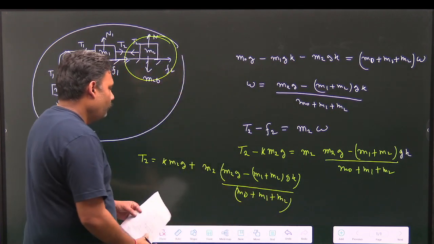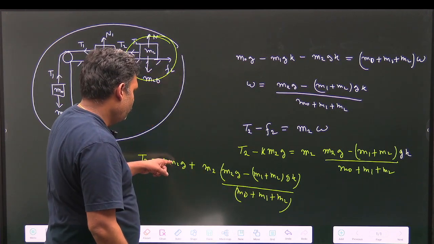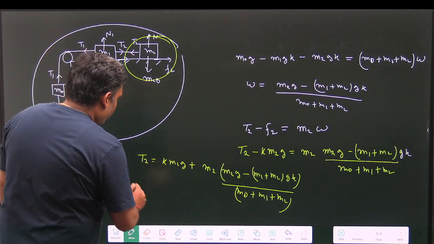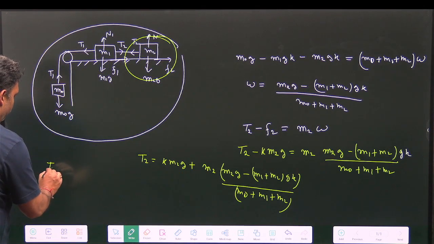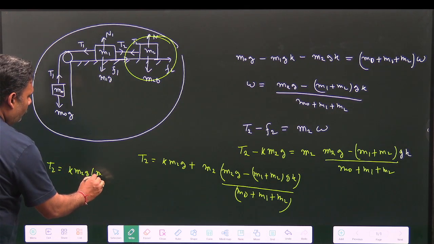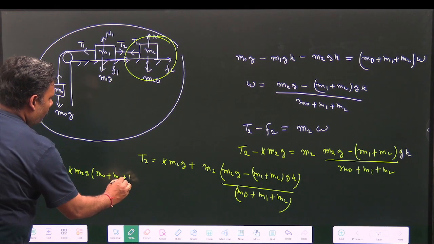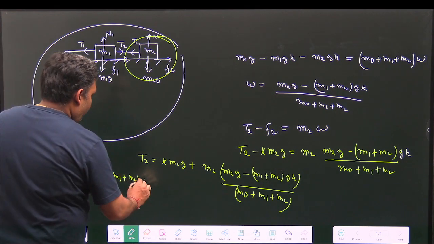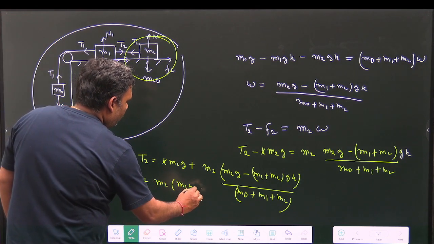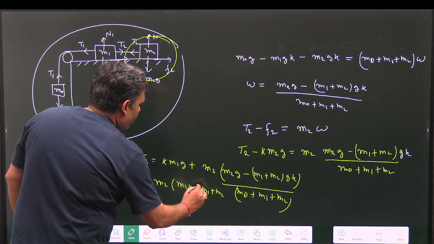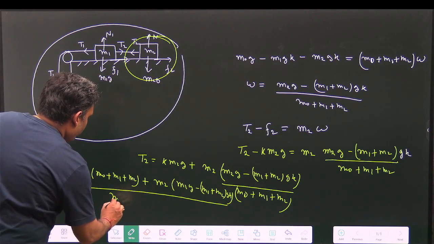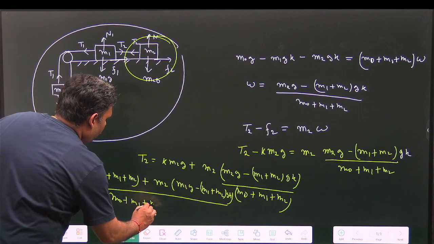So what we will do is multiply this thing on this side. So once we multiply all this, the value of T2 is equal to k m2 g into m0 plus m1 plus m2, plus m2 into m0 g minus m1 plus m2 g into k, all over m0 plus m1 plus m2.